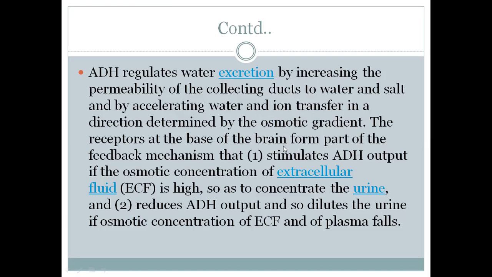The receptors at the base of the brain form part of the feedback mechanism that, number one, stimulates the antidiuretic output when the osmotic concentration of the extracellular fluid rises.